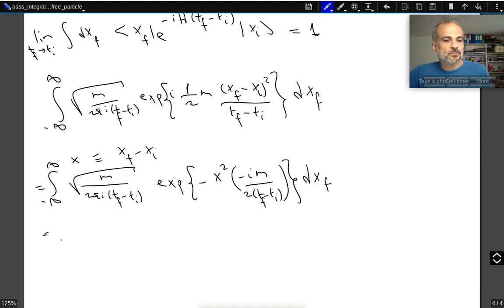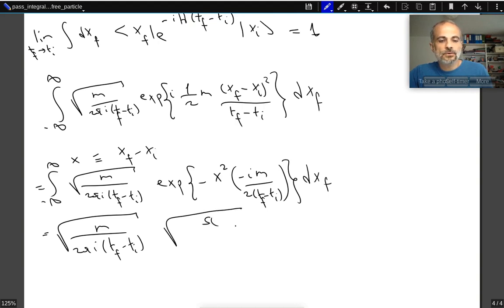And this is just a simple Gaussian integral, with the result of square root of pi over the coefficient of minus x squared, which is minus I m over 2 tf minus ti. So let's see, this tf minus ti is cancelled by this one.